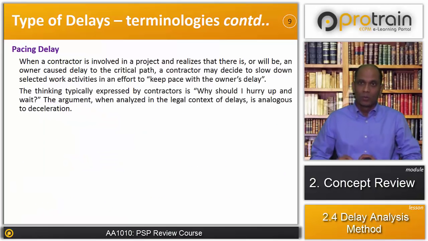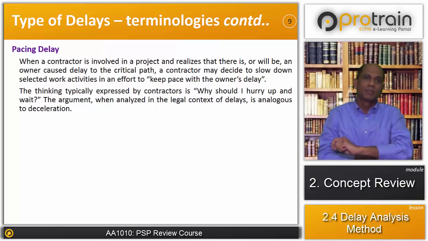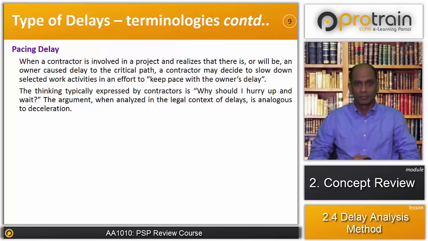Now let's see what delay type we have next. The last delay type we are discussing here is pacing delay. Now let's understand what pacing delay is. When a contractor is involved in the project and realizes that there is or will be an owner-caused delay to the critical path, the contractor may decide to slow down selected work activities in an effort to keep pace with the owner's delay, then it is called pacing delay.